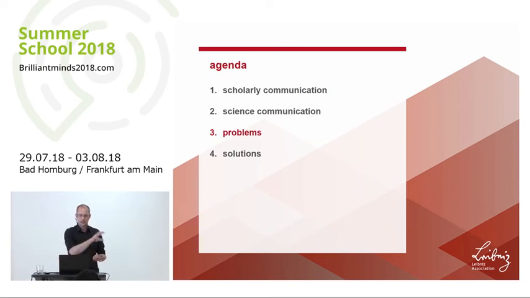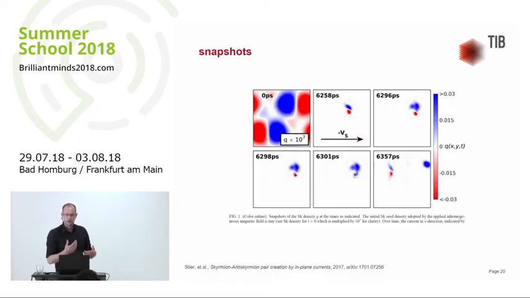We just take snapshots of these and publish the snapshots, because the traditional format to publish is still text, and now it's not that much print anymore, but it's PDF, and PDF is basically the same as a printed paper.